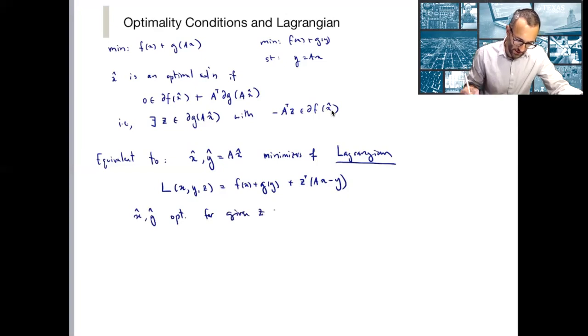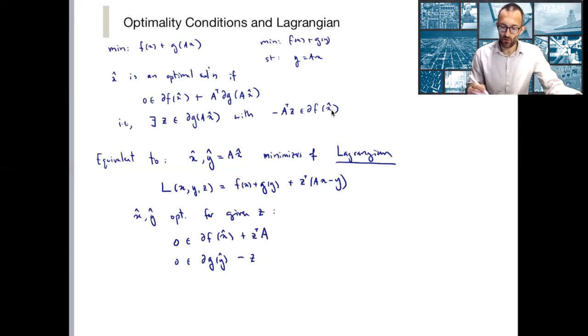This means that 0 is an element of the subdifferential of f at x hat plus z transpose A, and 0 is an element of the subdifferential of g of y minus z, which is another way of saying this. So the optimality conditions are exactly the optimality conditions of the Lagrangian.